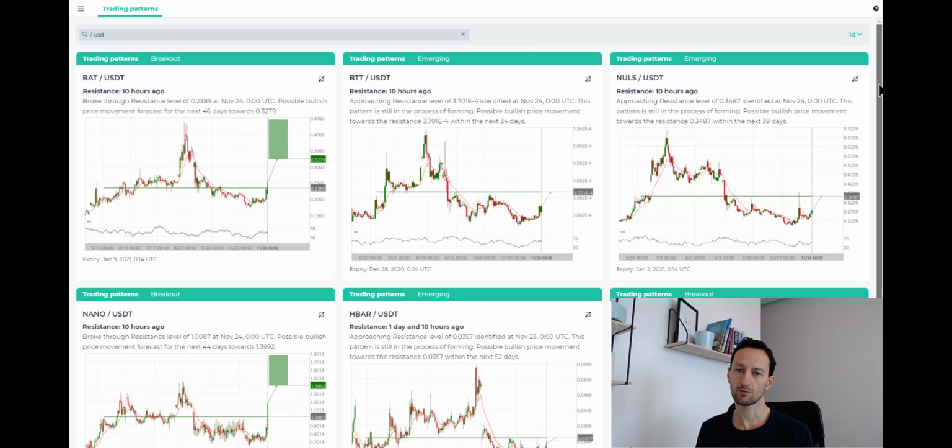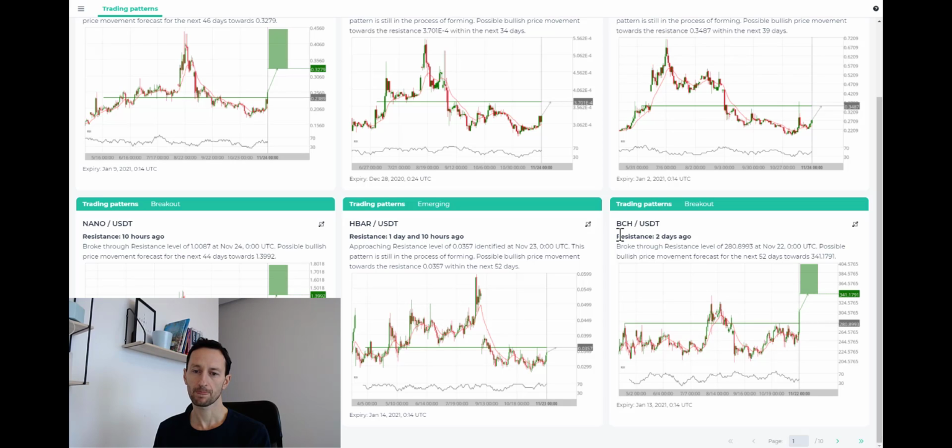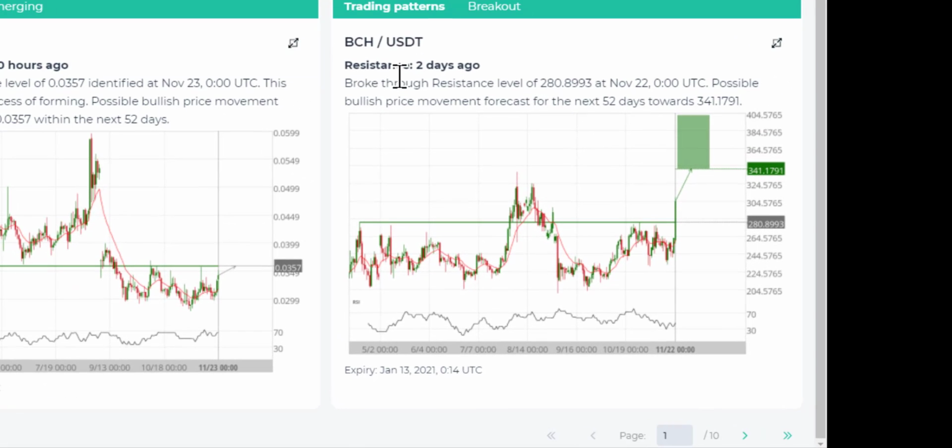And I'm going to jump over to the one where the signal was 2 days ago. Bitcoin Cash: the system indicated that the price had broken through a resistance level and was projected to go higher to about the $400 level. This signal was basically a very simple breakout through a resistance level.